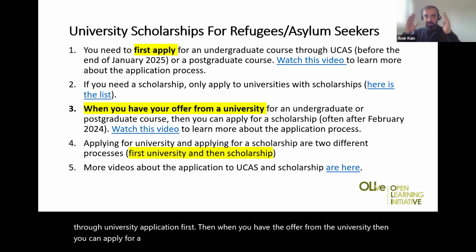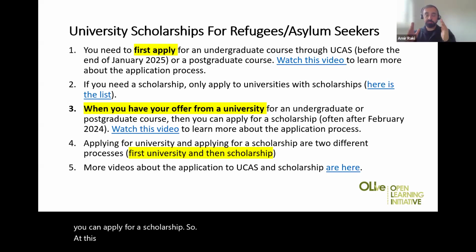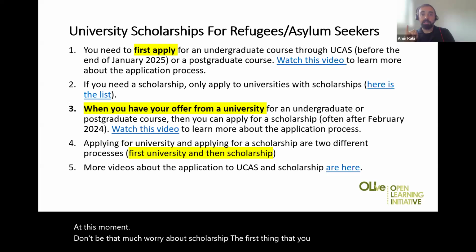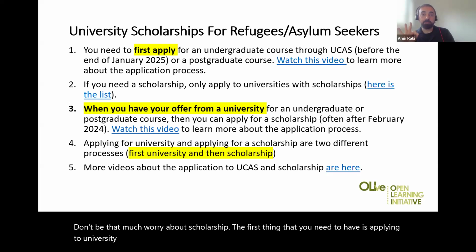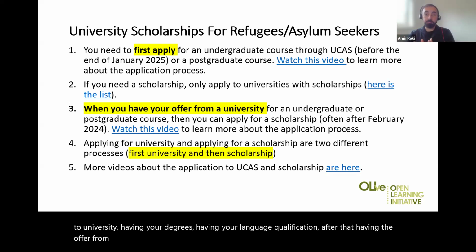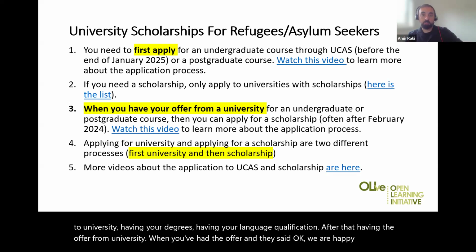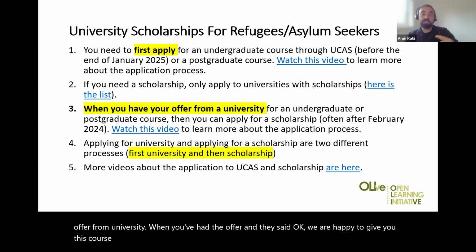So at this moment, don't be too worried about scholarships. The first thing that you need is applying to university, having your degrees, having your language qualification. After that, having the offer from the university. When you've had the offer and they said, okay, we are happy to give you this course in our university, then you can apply for a scholarship.